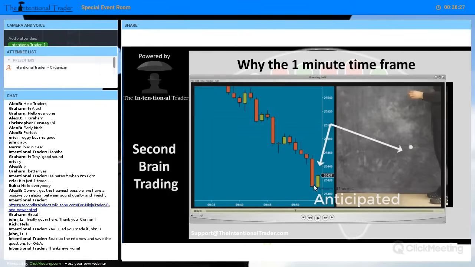I have no idea. But I have a really solid idea what's going to happen right now. Okay? As soon as price hits that floor, which we measured to figure out where the floor was, we can anticipate a very likely reaction. Okay?